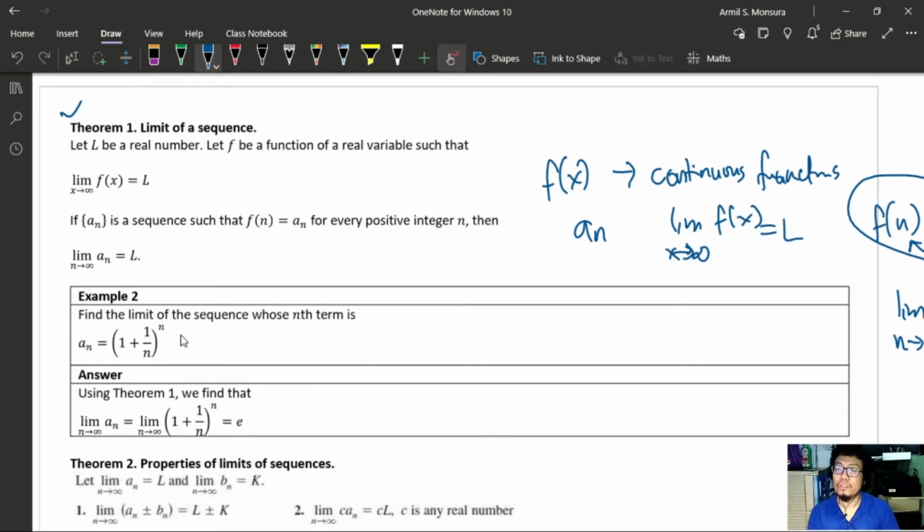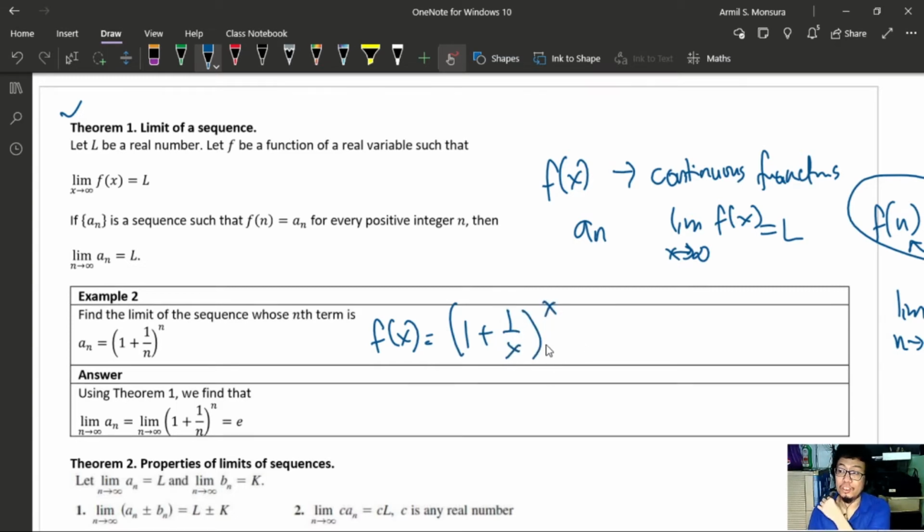So here, if we find the limit of the sequence whose nth term is this one, here's the process. Since a sub n is not continuous, we have to find a function f of x that is actually the same as that one, which is (1 plus 1 over x) raised to x, which is a continuous function now.